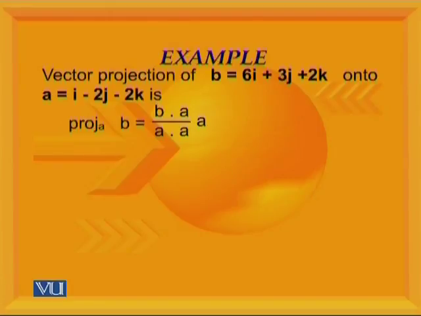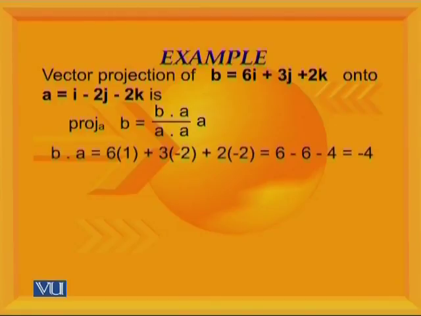I have stated the formula for this: find B dot A and A dot A. So finding B dot A: B dot A will be 6 into 1 plus 3 into minus 2 plus 2 into minus 2, which is equal to 6 minus 4, which is equal to minus 4.